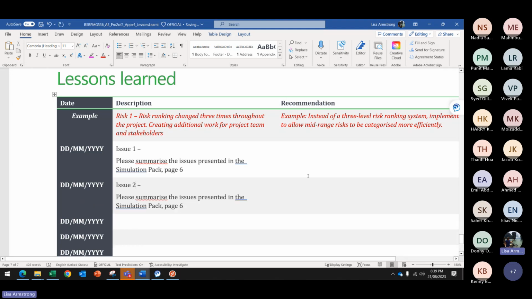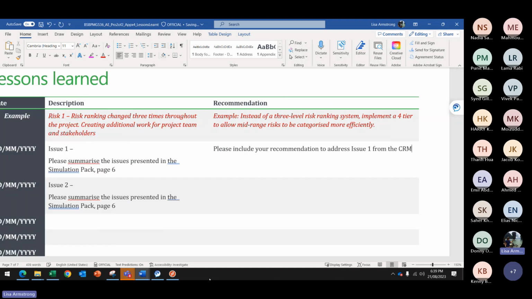And then, of course, the lesson learned, you're making a recommendation. So please include your recommendation to address issue 1. So you have one for each from the CRM project.